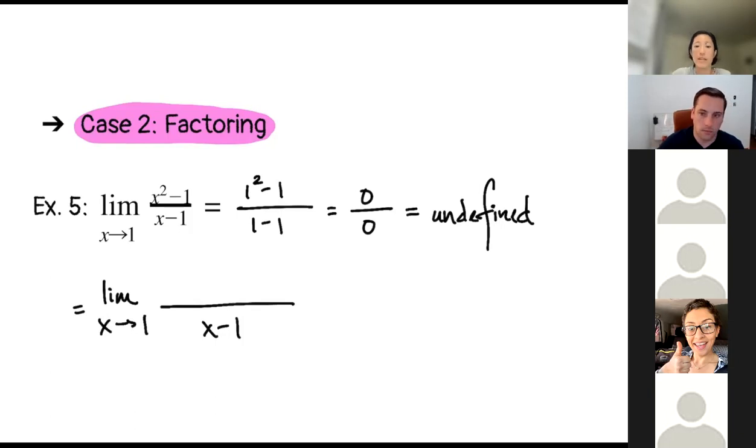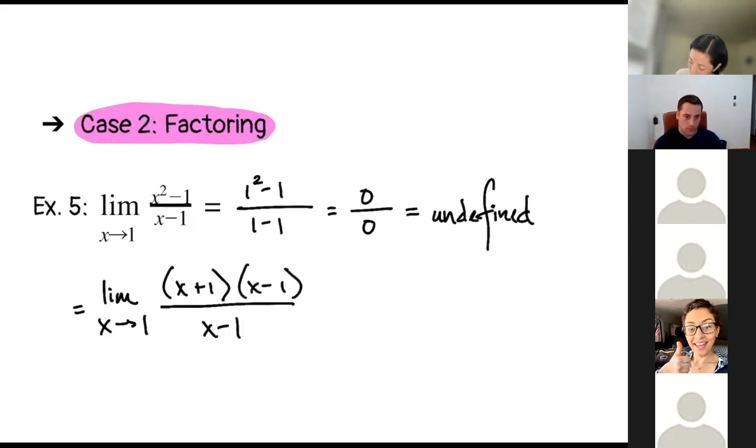When we have a squared minus b squared, that is a plus b times a minus b. Really important shortcut that I find saves so much time. So we'll get x plus 1 and x minus 1.